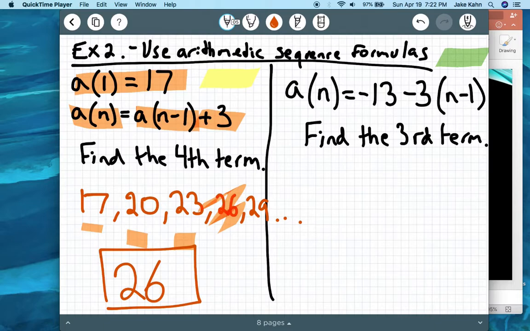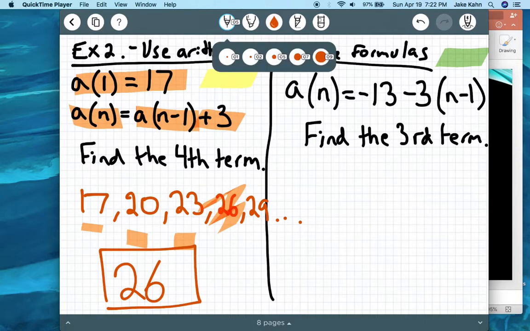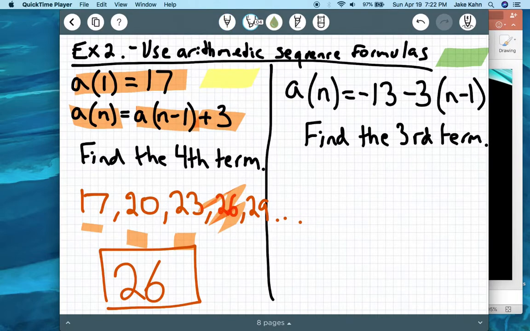But you can also have explicit formulas. I'm looking at the right side now, and it says the nth term is equal to -13 minus 3 times n minus 1. If we want to find the third term in this sequence, it may not seem as obvious at first, but all you have to do is plug in n is equal to 3.